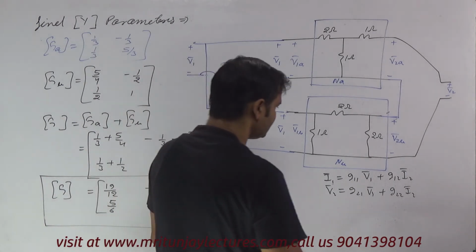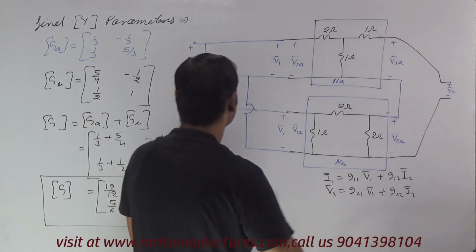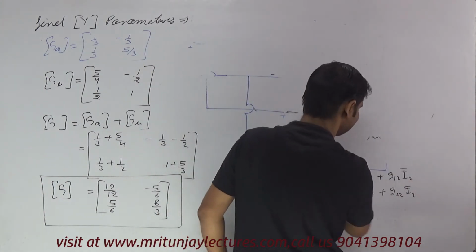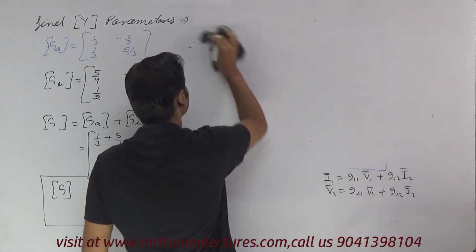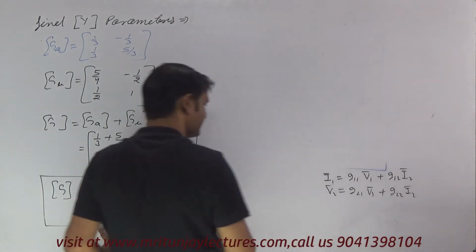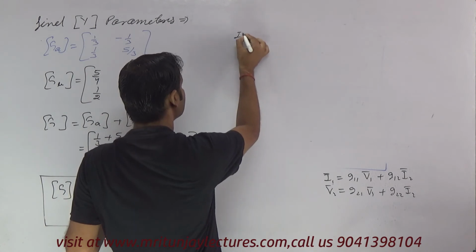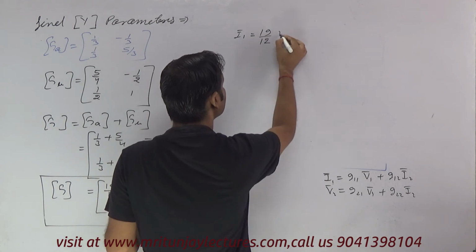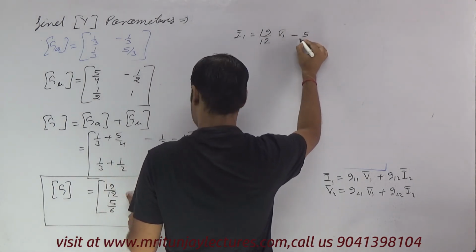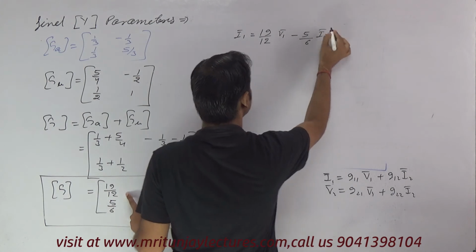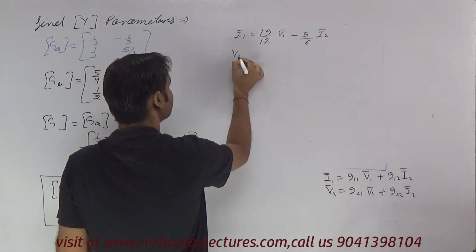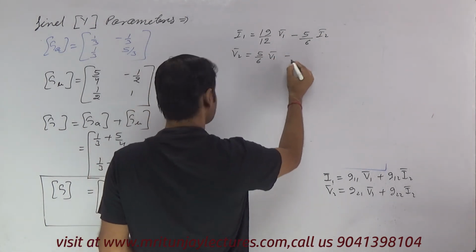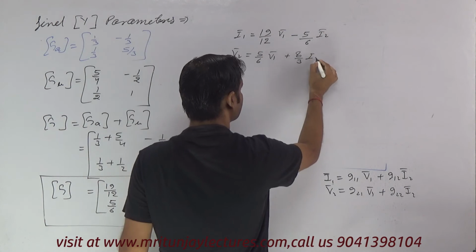Now our motto is to determine the Y parameter. How can we determine the Y parameter? First of all, this circuit is removed and converted again: I1 equals 19 by 12 into V1 minus 5 by 6 into I2, and V2 is written as 5 by 6 into V1 plus 8 by 3 into I2.